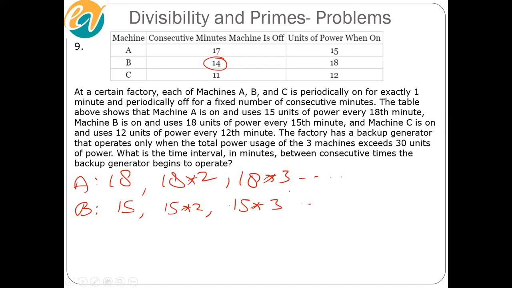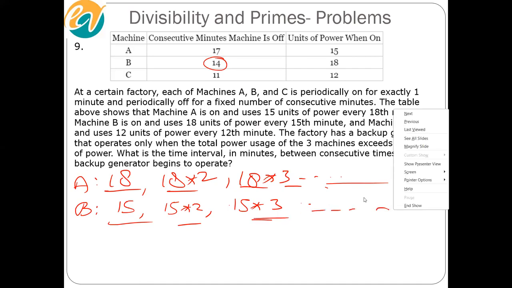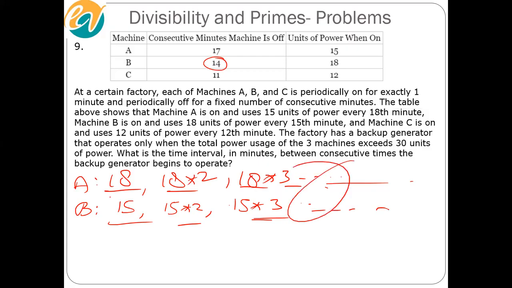So now, when do we find out when both A and B are operational? Absolutely. Notice these are the multiples of times when A is operational. These are the multiples of times when B is operational. So both would be operational at a common multiple of 18 of the first series and the second series.